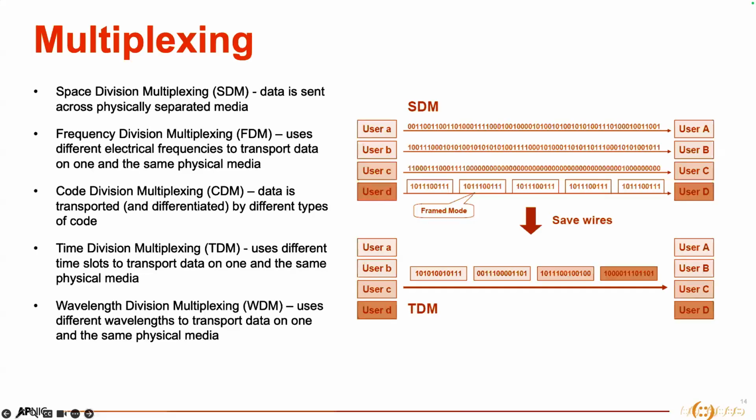They all transmit at the same time through the same optical fiber. At the receiver end, capital user A, B, C, and D receive the data based on the frequency it was sent with, because small user A and capital user A work with the same frequency, which is different from B, C, and D, right?